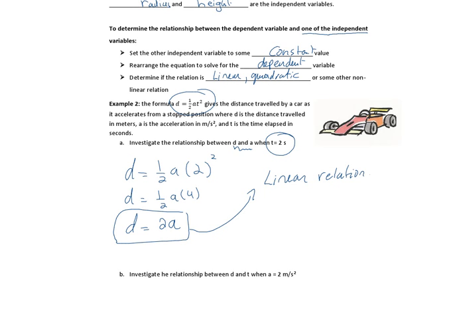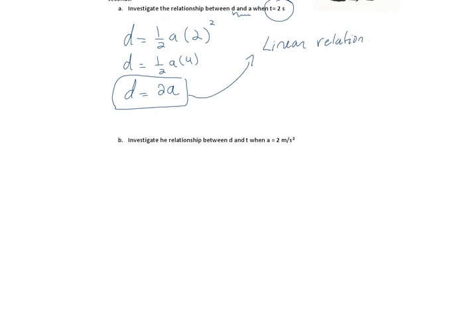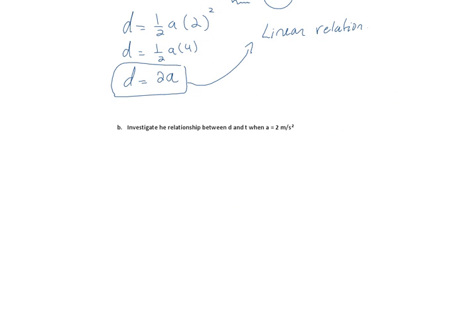The second part is asking you to investigate the relationship between D and T when A is 2. So now I still have the original equation. But now the set constant is what variable?